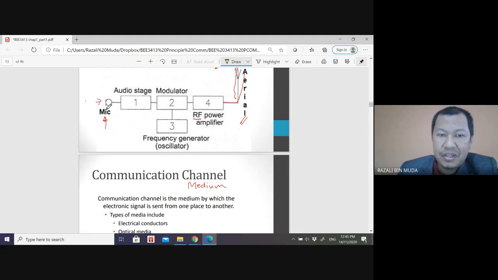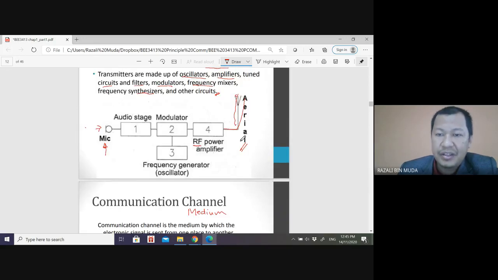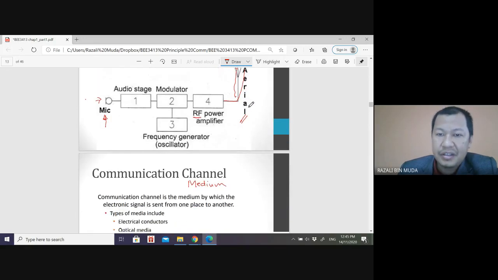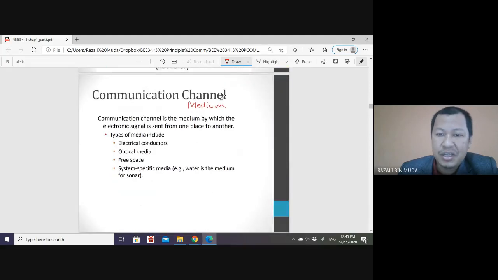The voice is processed in the transmitter circuit and then transmitted through air. So, what is the communication channel? The free space.